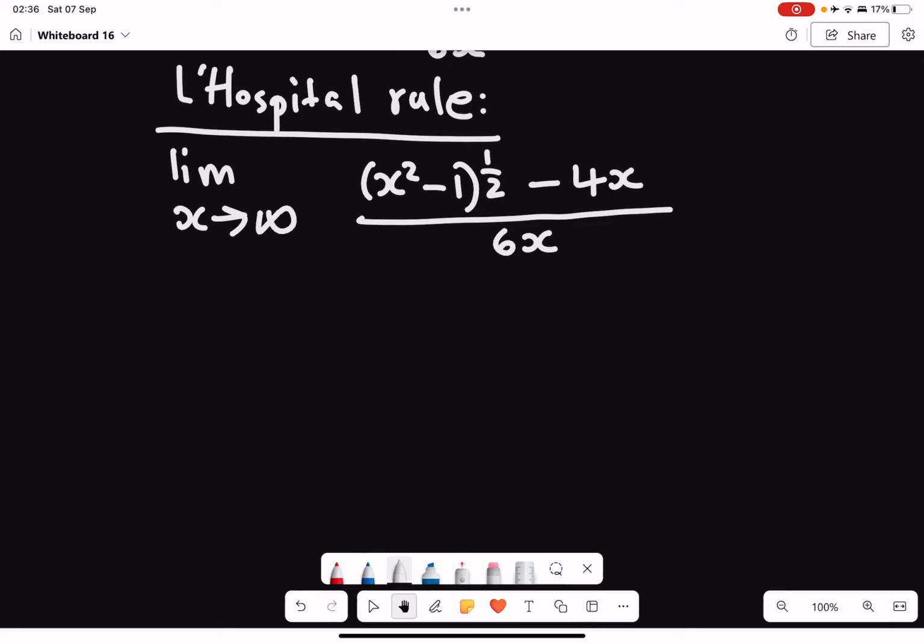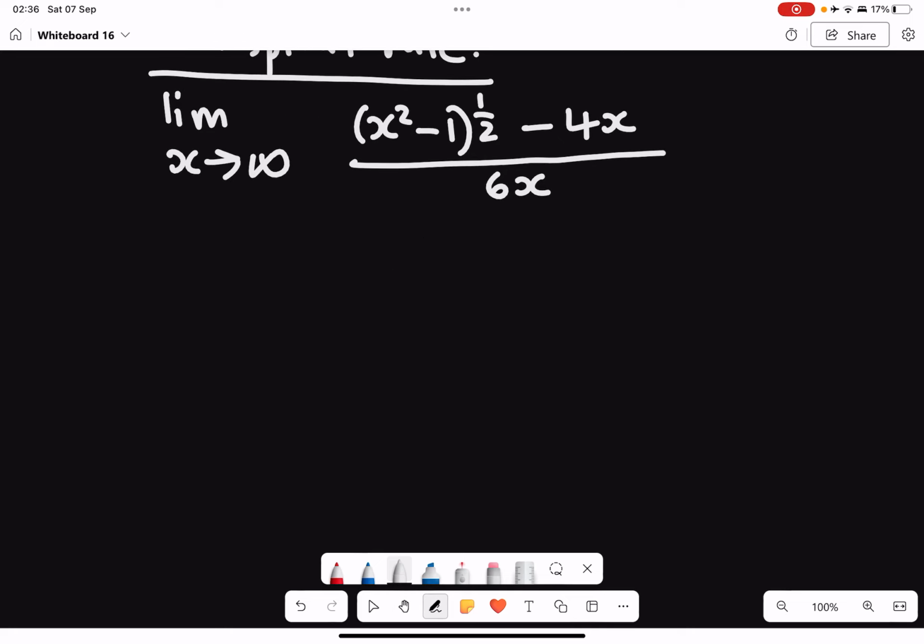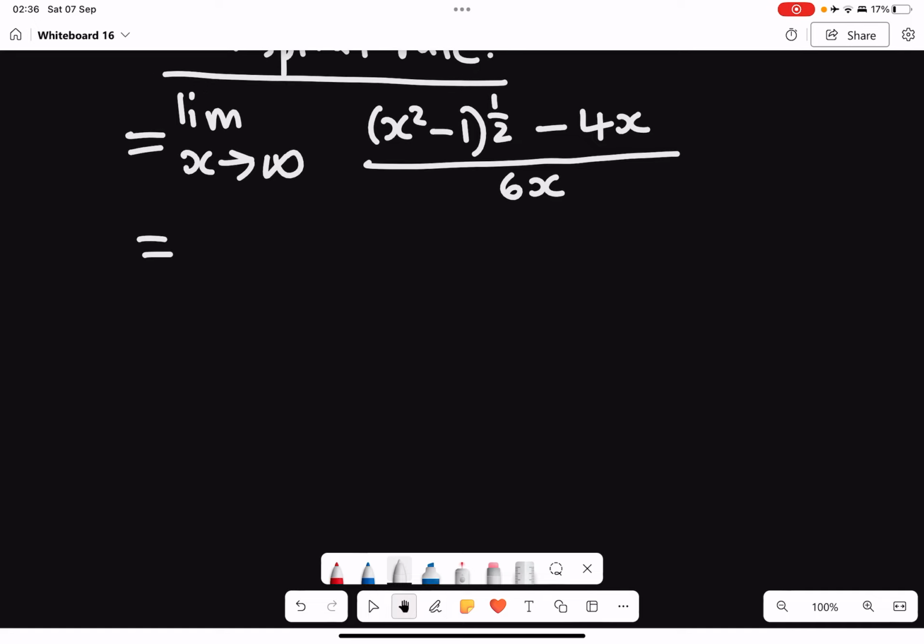And now I can apply L'Hopital's rule. So here let's have our equal sign. Now I have the limit as x approaches infinity, and here I can apply the chain rule.